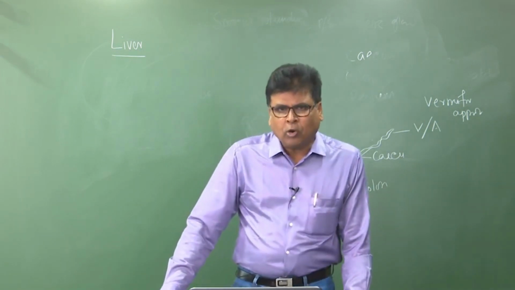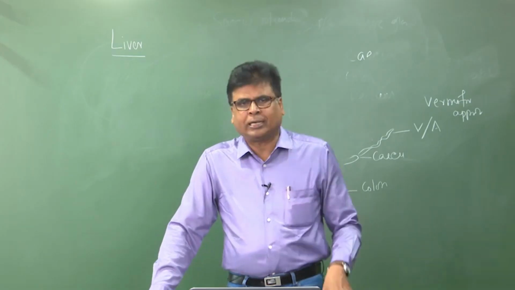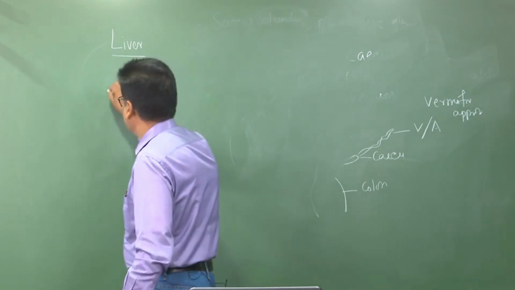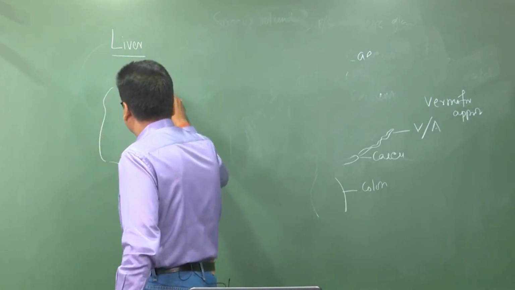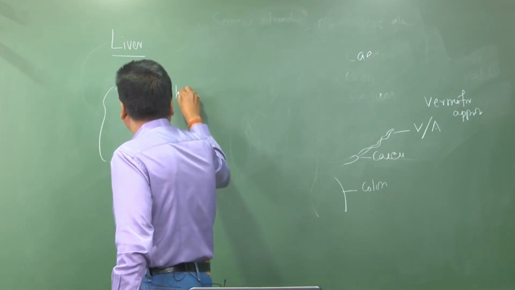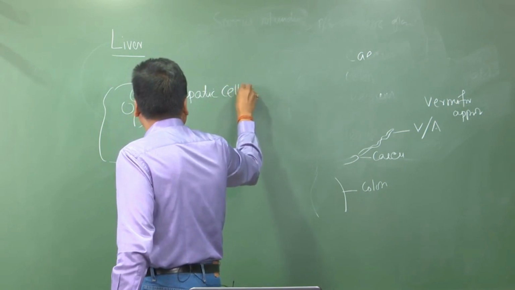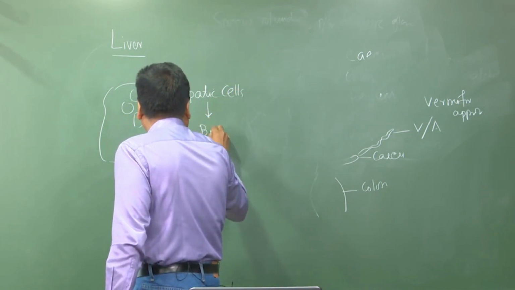Okay. So the outgrowth forms a hollow hepatic diverticulum, which soon differentiates into an anterior part, which proliferates to become the liver and its bile duct, and the posterior part which gives rise to the gallbladder and the cystic duct. So what I want to say, for example, this is the liver, and this liver possesses cells known as hepatic cells, and these hepatic cells secrete one juice that is known as bile.